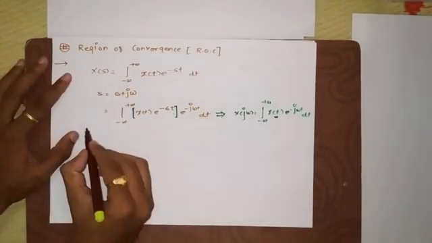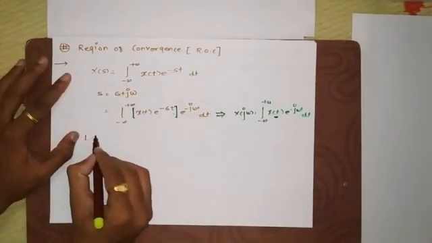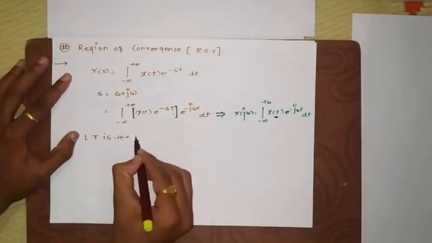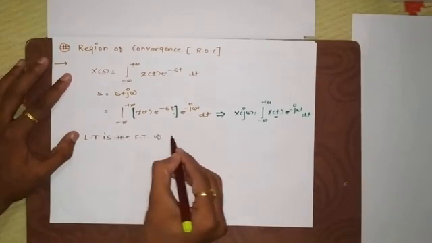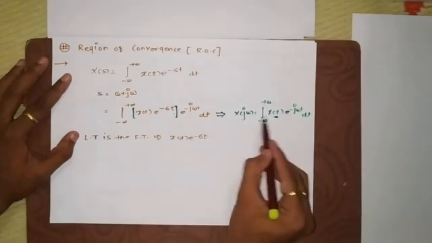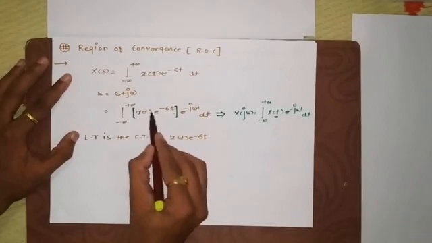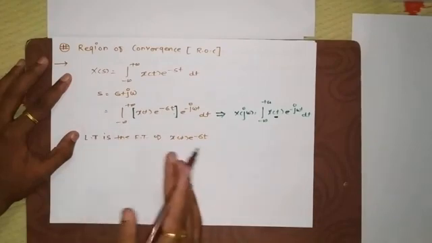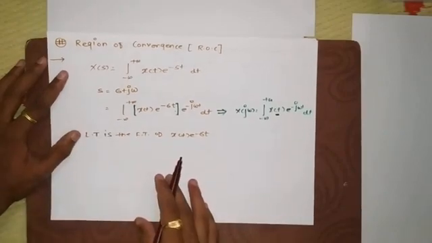Therefore we can conclude that the Laplace transform is the Fourier transform of the signal x of t into e raised to minus sigma t, which becomes X of s. So this is the basic relation between the Laplace transform and the Fourier transform.